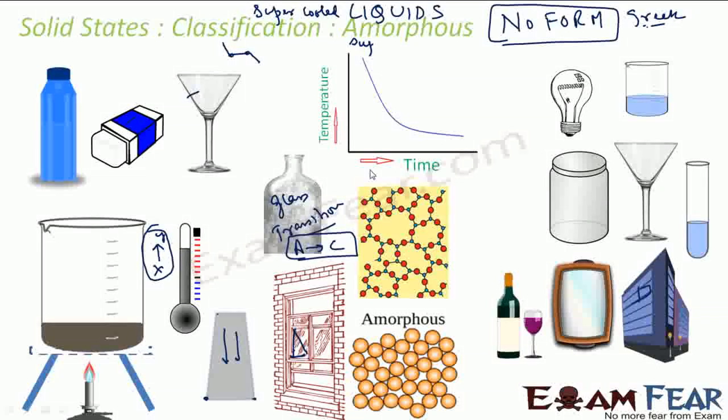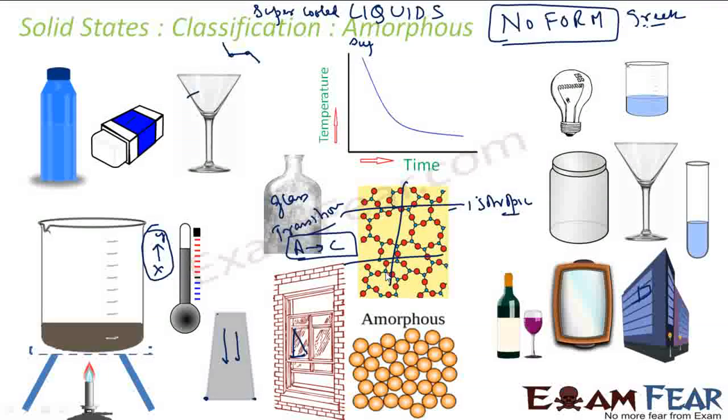Also, one thing to be noticed, in case of crystalline, it was anisotropic, but this is isotropic. It is isotropic because it is all haphazard, right? So if you take from this direction, you don't know what will come. There is no regular fixed arrangement.